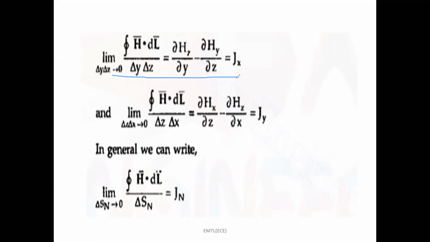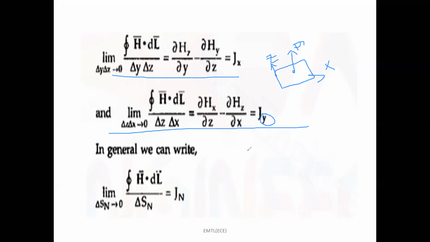In a similar manner, as the current passes through the y direction and the plane is along the z and x directions, this is the expression for the magnetic field intensity at the point P. This is the point. Okay.